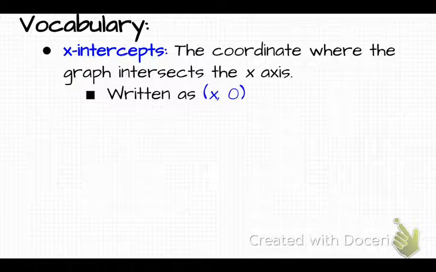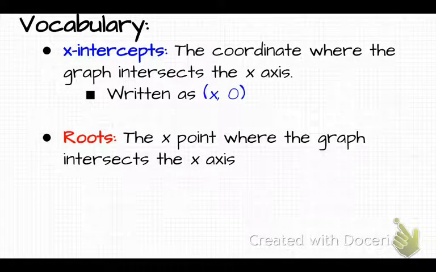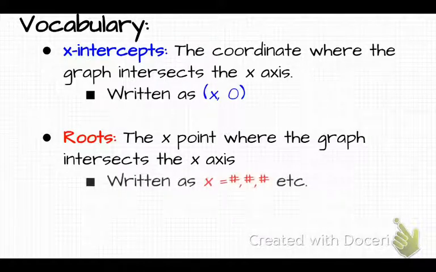After our x-intercepts, we have roots. This is the x point where the graph intersects the x-axis. So our x-intercept is the point x comma 0. The root is just whatever that x value is, the number where I go through the x-axis, and that is written as x equals number, however many roots that I have.